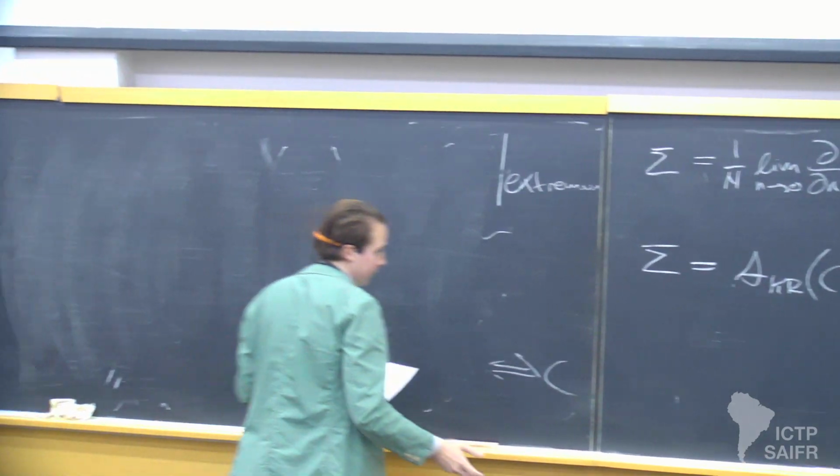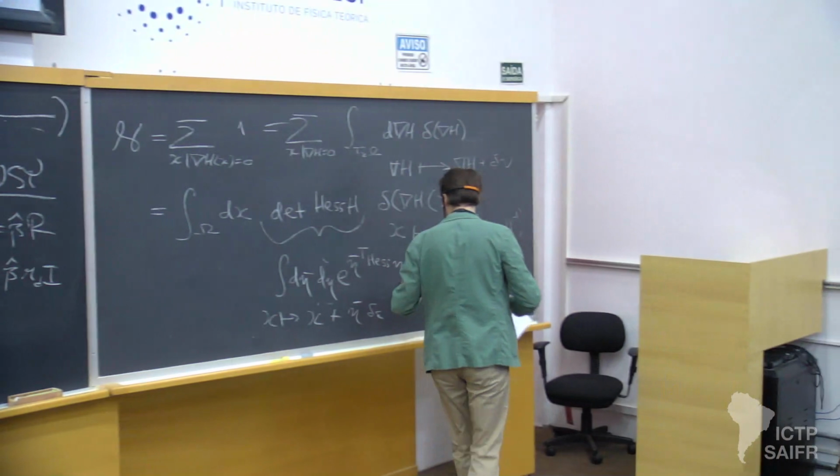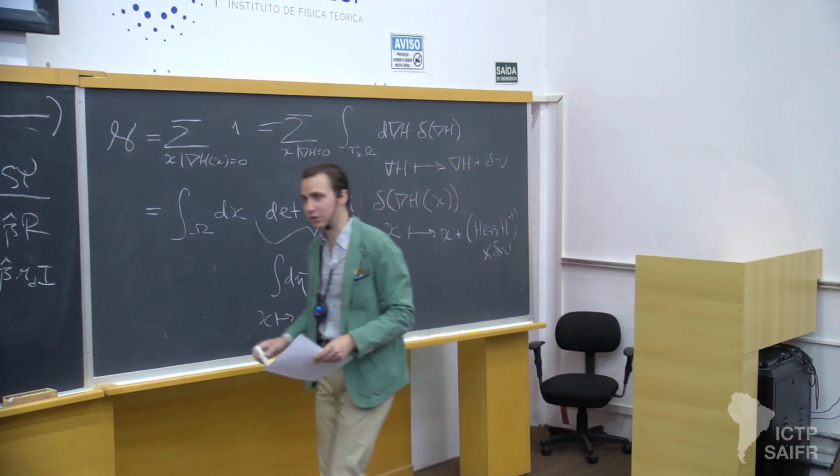So we have our fields x hat, and we have these Grassmann fields that came out of promoting the determinant.